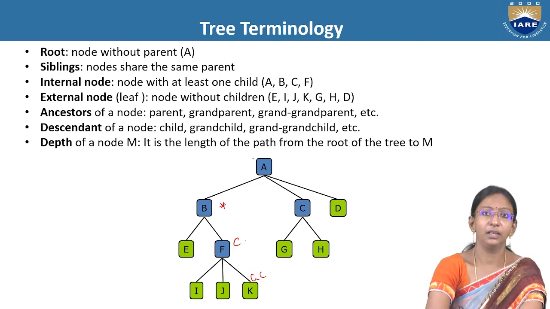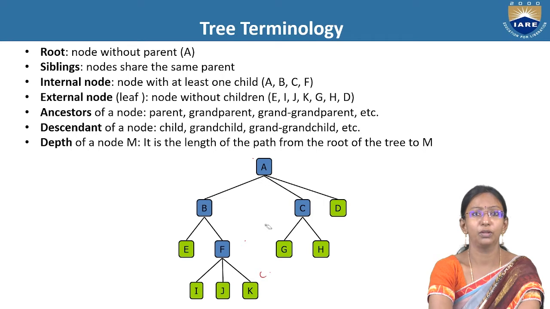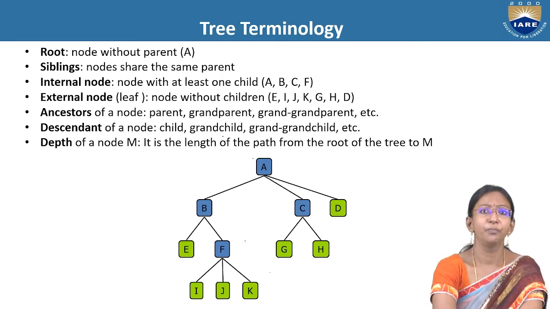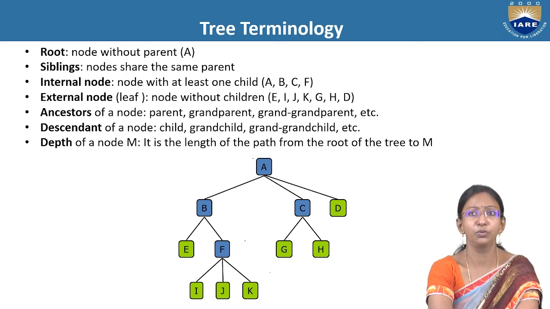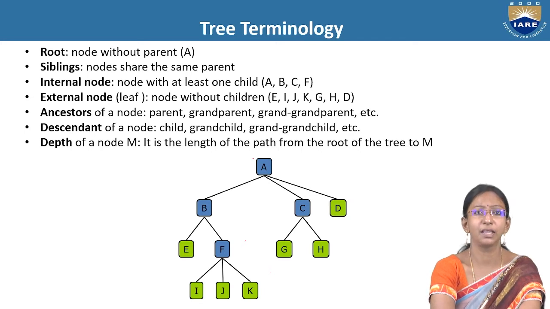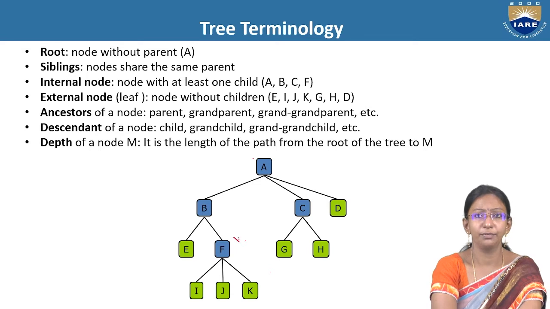Let's talk about the last terminology, which is the depth of a node, right? So when you talk about the depth of a node, say a node M, the length of the path from the root till M is nothing but the depth. Say if we are talking about F, from the root it is 2, so depth is 2.